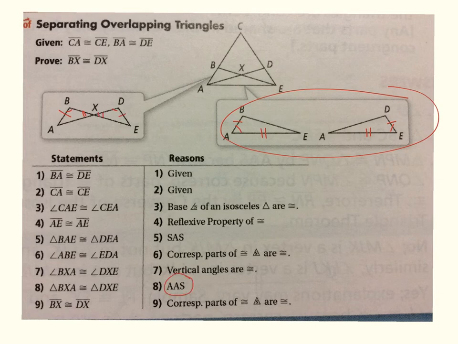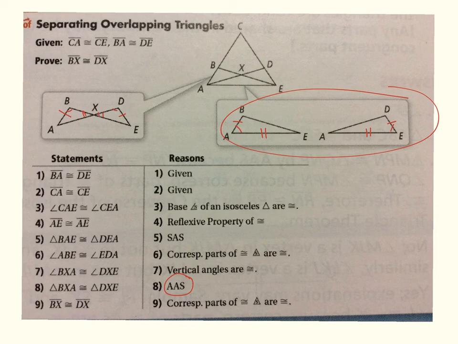Well then, since triangle ABX is congruent to triangle DEX, BX is congruent to DX by CPCTC. So notice here that we had to do multiple things in order to show that BX was congruent to DX.